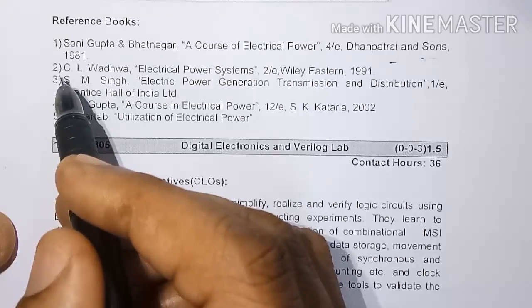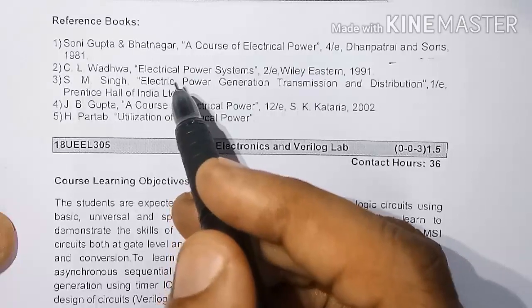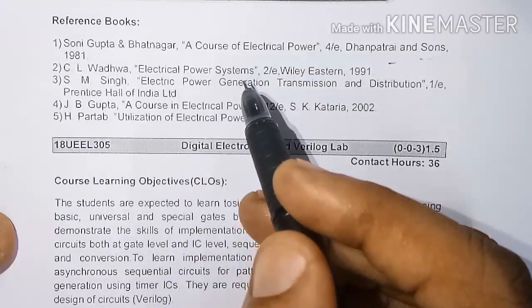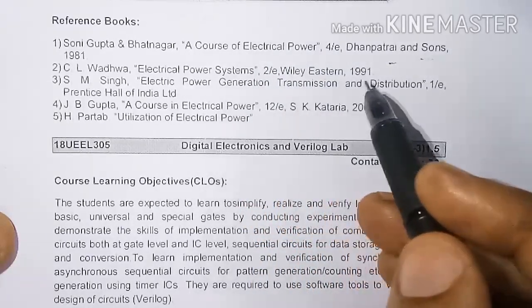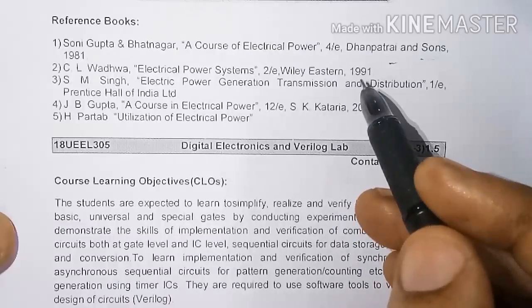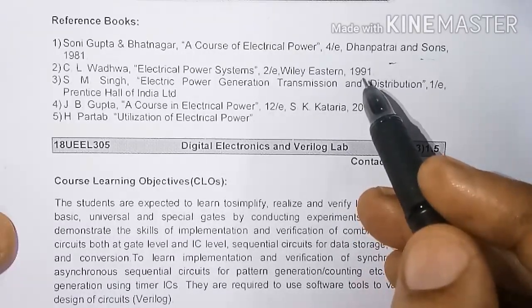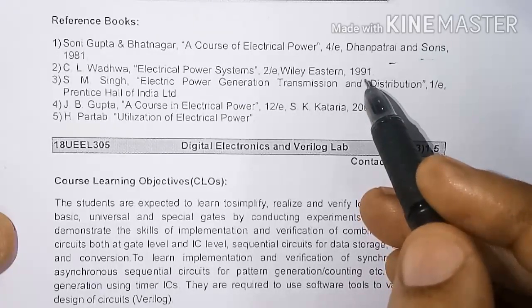Second book is by C.L. Wadhwa, Electrical Power Systems is the title. Second edition. Wiley Eastern is the publisher. Publication of this book was made in 1991.